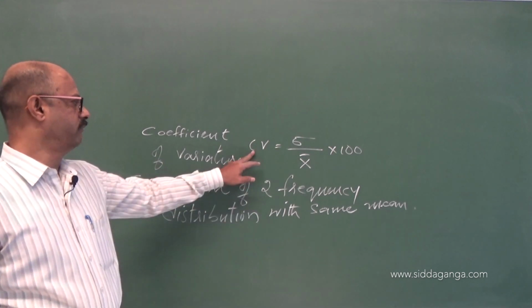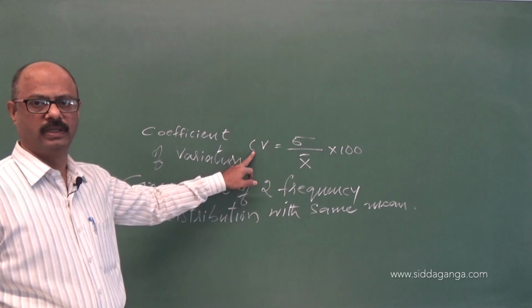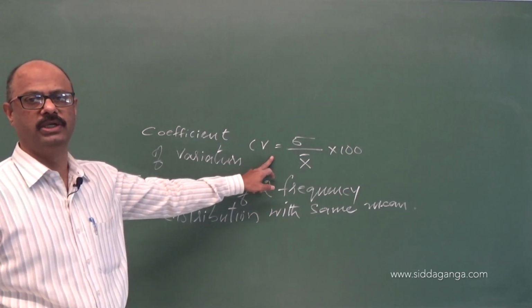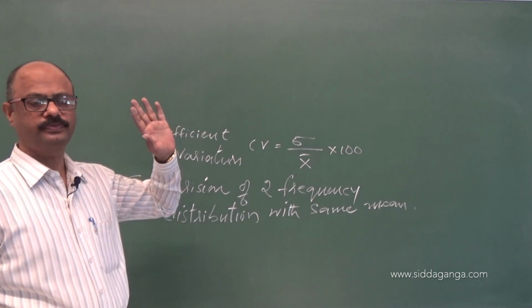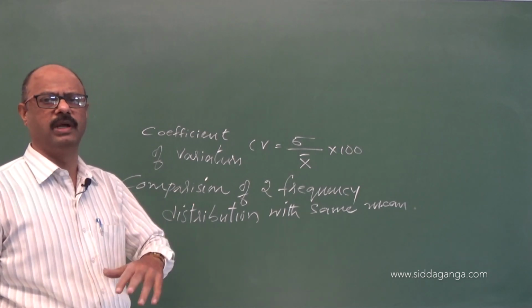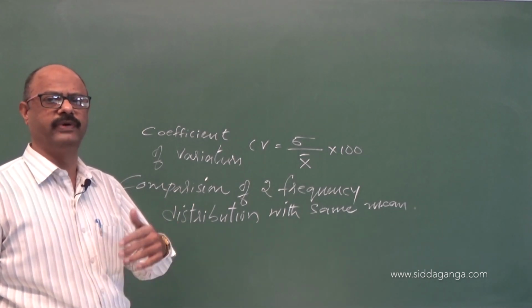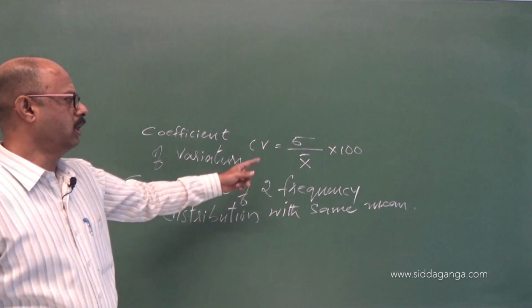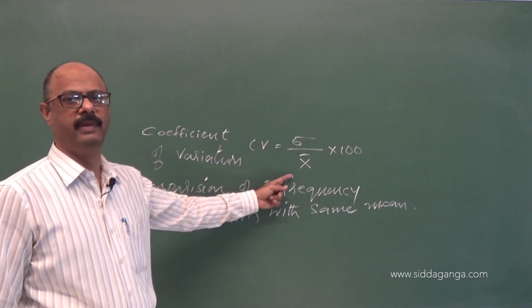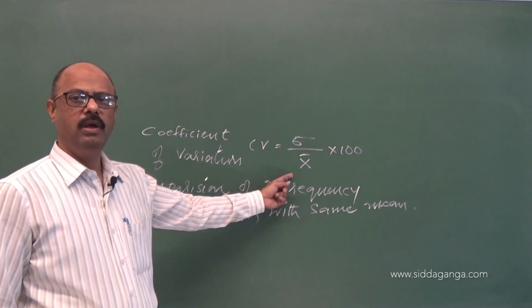For that purpose, we will find the coefficient of variation given by the formula CV is equal to sigma divided by x bar into 100. Whenever you come across the comparing of two groups, two teams, two firms, you are required to find the sigma, that is standard deviation. You are required to find mean, that is x bar.